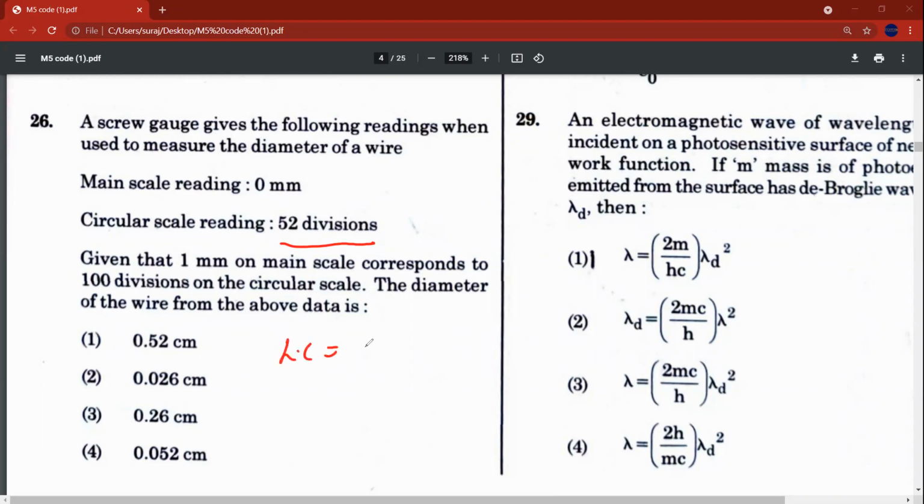Least count will be pitch by number of divisions, 100. So 0.01 millimeter. So it becomes 0.52 millimeter. Centimeter is asked, so 0.052 centimeter. Option 4. Okay, 26 is option 4. Now coming to 27.